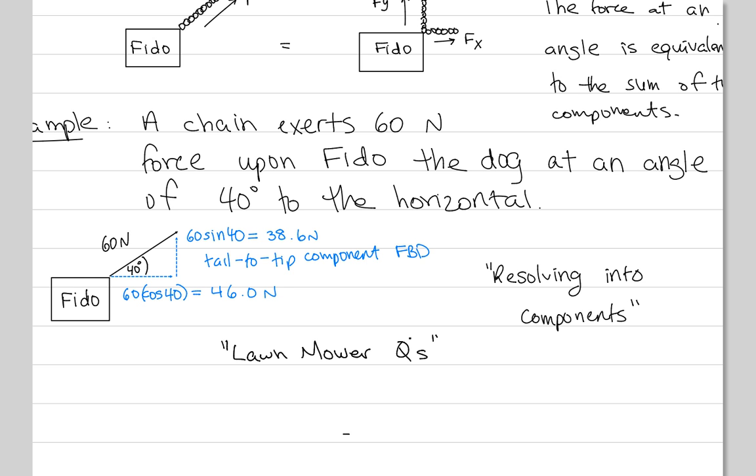Okay, so I think we'll leave it there. And the homework that I want you to try that's really straightforward is in this 4.2 section. And you're going to find it very simple because it's just tail-to-tip drawings and Pythagorean theorem. So your homework for the weekend is reviewing one-dimensional dynamics on page 100.